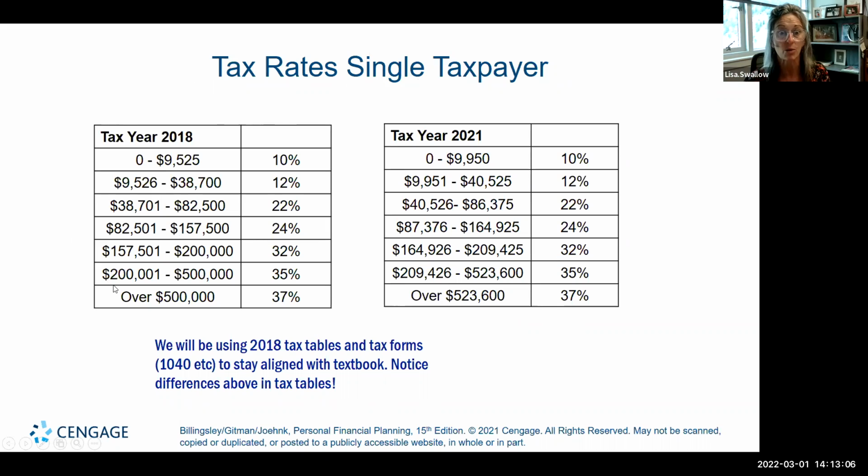So this is what you will be using for the test and for your assignments and for what we're going to do today. I just put this here so you could see that the brackets have gone up a little bit, but we will be using 2018 tax tables and tax forms to stay aligned with the textbook.